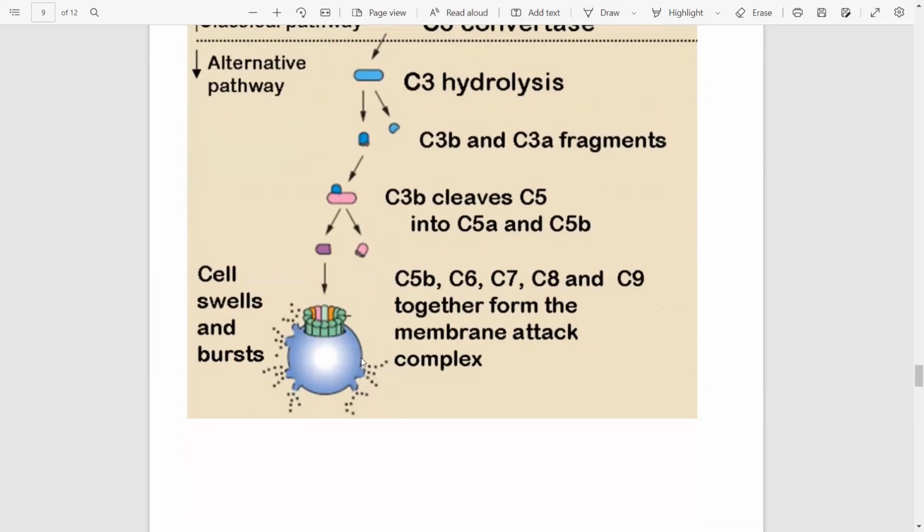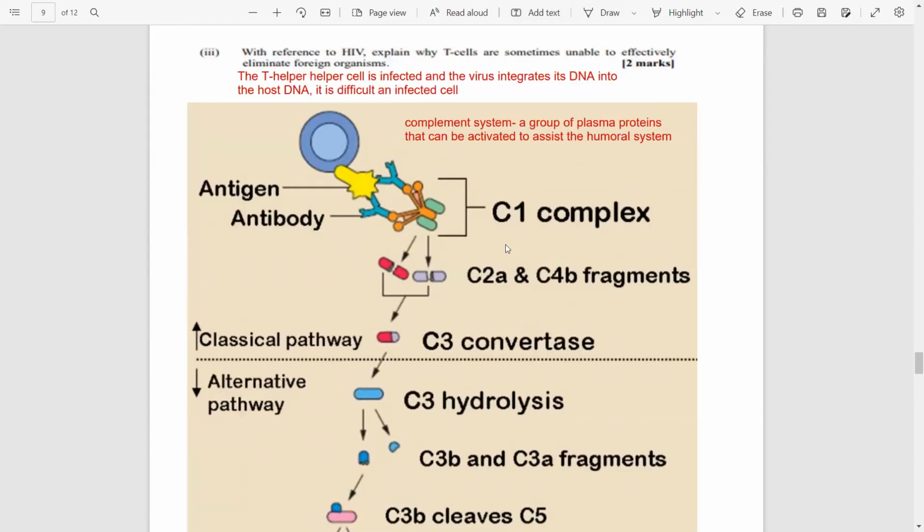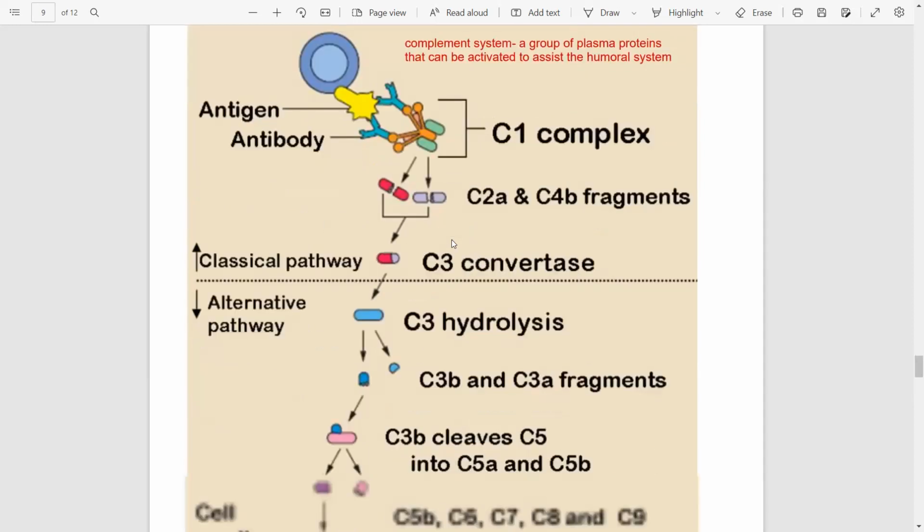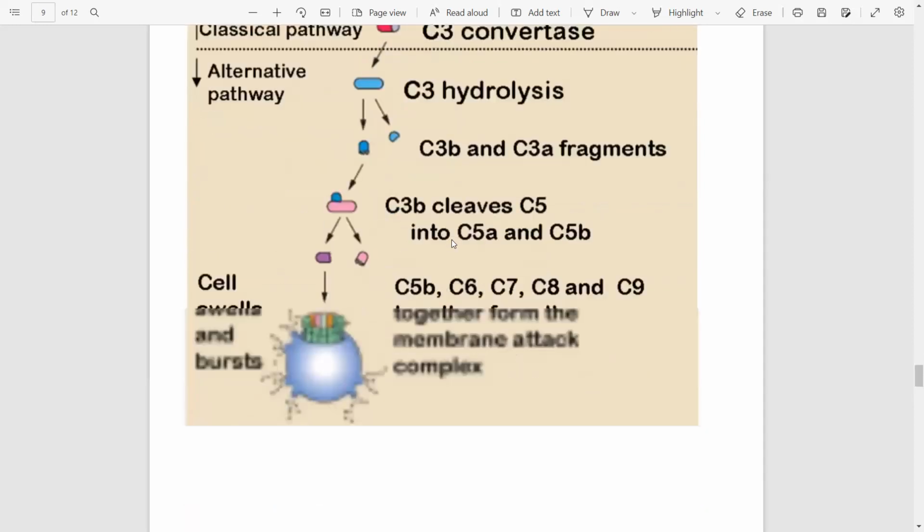So the cell gets destroyed. Or the complement can actually help antibodies to destroy the antigen more effectively. So the complement system actually helps the humoral system in fighting against pathogens. It's actually a part of the innate immune system as well as the humoral system, right?